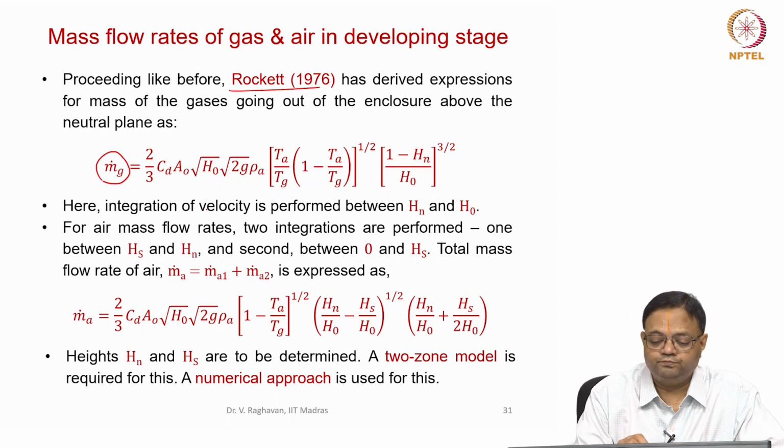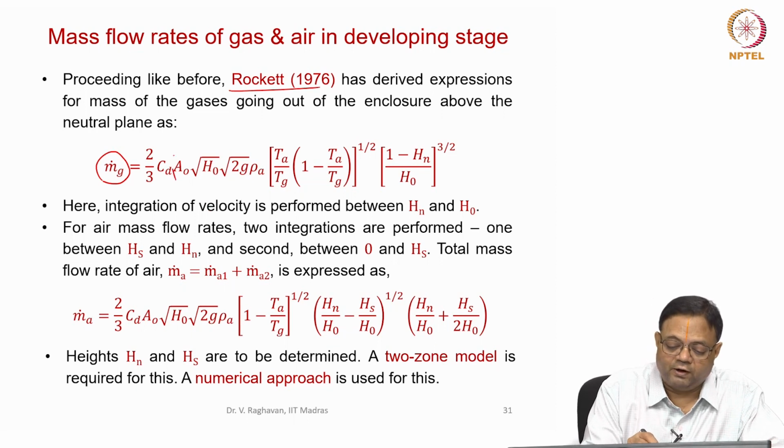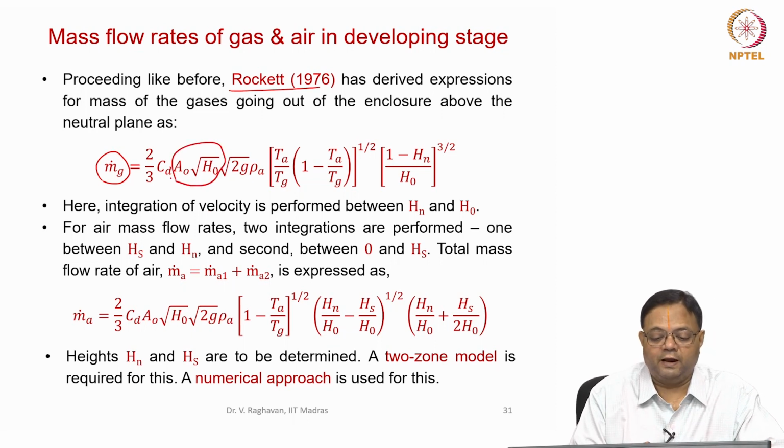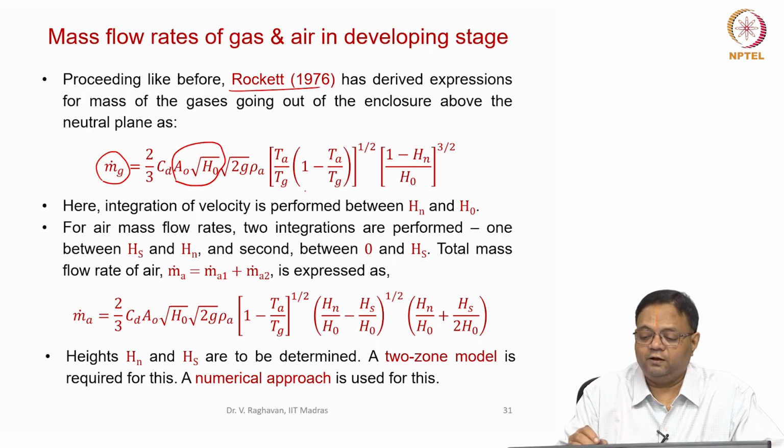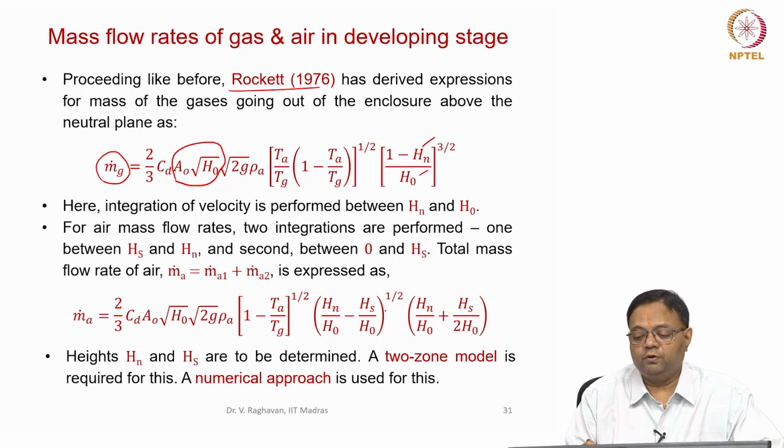Here you can see that primarily this factor A naught into root H naught is appearing. Similarly, some density ratio like thing is given here, plus a factor which involves Hn and H naught.